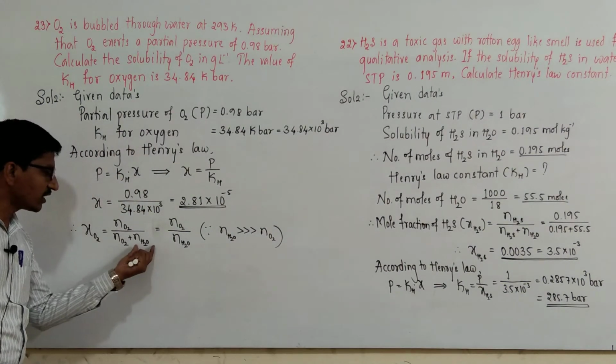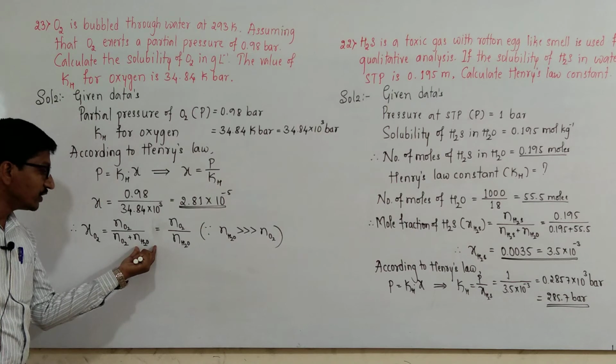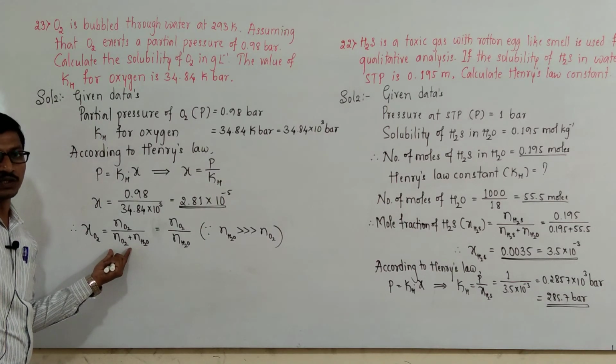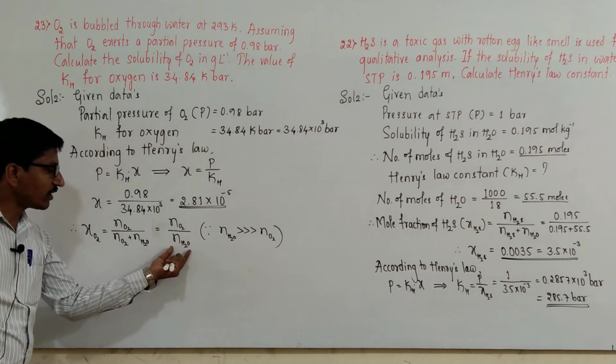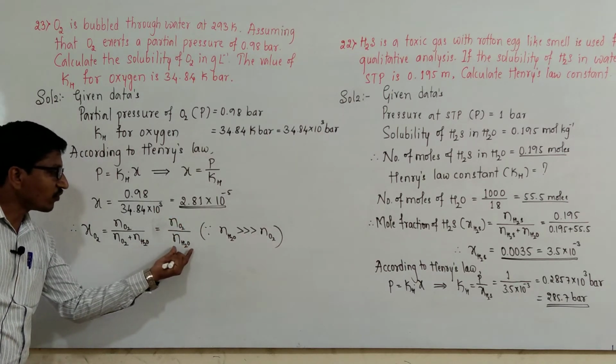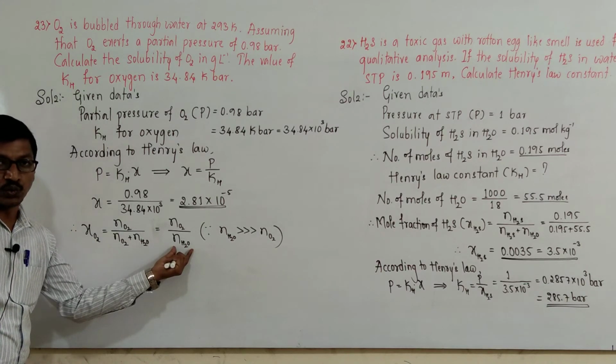In the denominator, the number of moles of water is more than the number of moles of oxygen. That's why in the denominator NO2 plus NH2O becomes equal to NH2O.